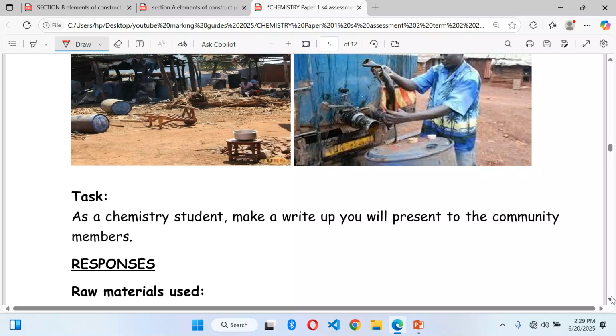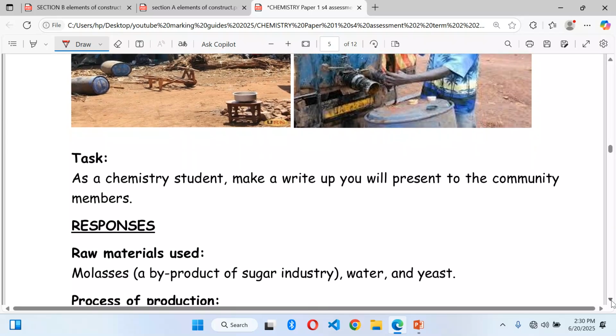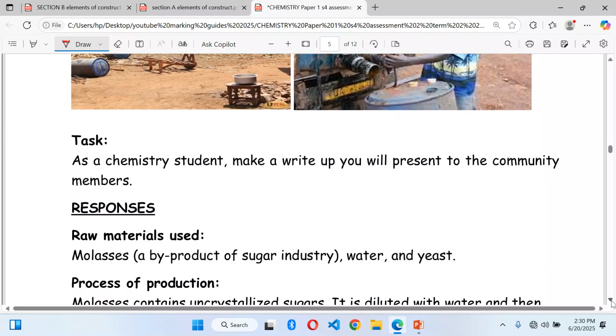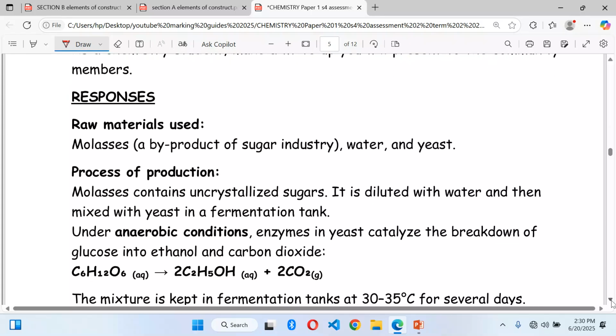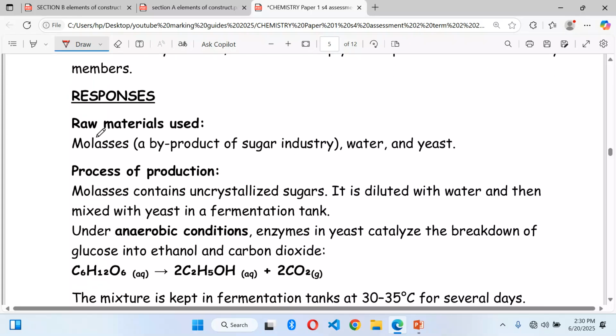So we are going to follow our basis of assessment that we have looked at in the other side. Looking at number 1, what is the raw material that we need to produce this ethanol. Then the process of production. We look at the side effects, and finally we look at the social benefits. So the raw material used: we have molasses.